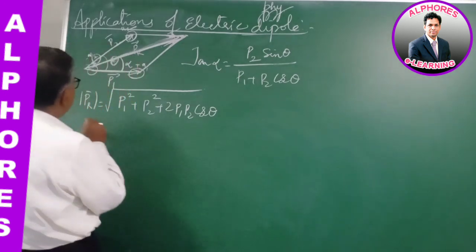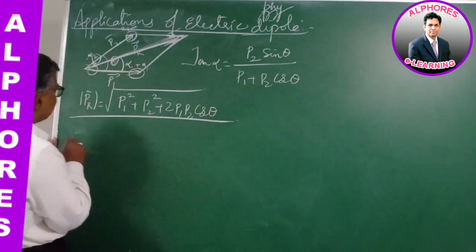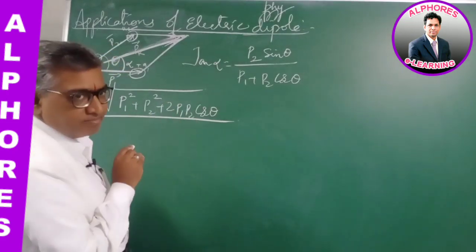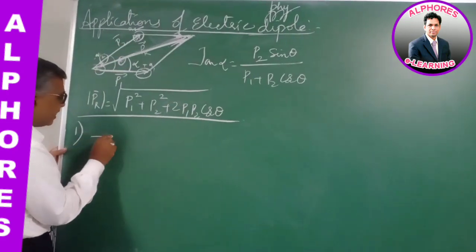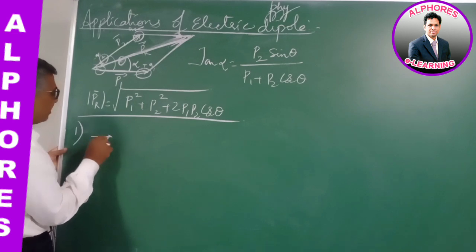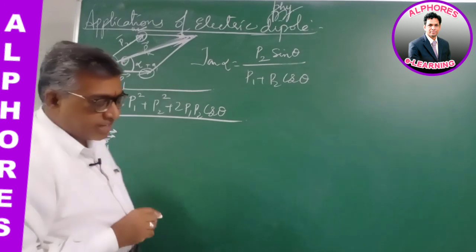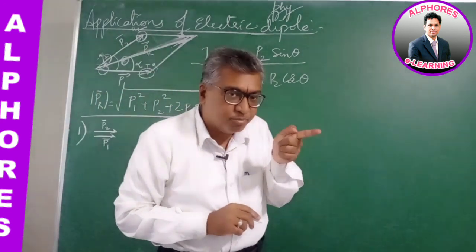Okay. Now taking the various cases. Case 1: if these two dipoles are parallel, the first dipole is P1 bar and the other dipole is P2 bar. I was telling you a short dipole is represented by a bold arrow.